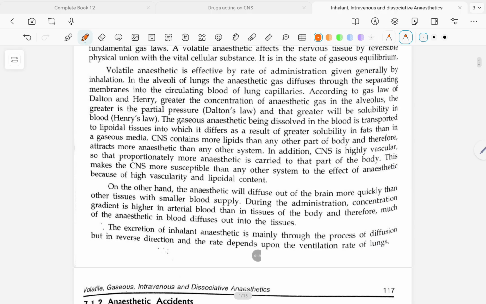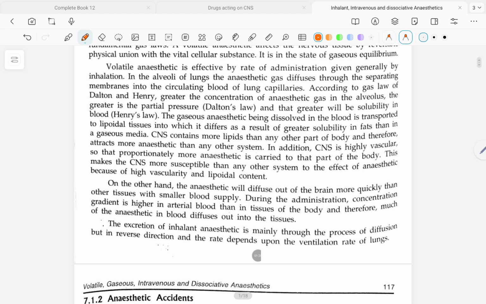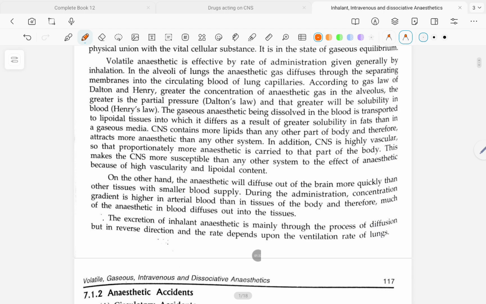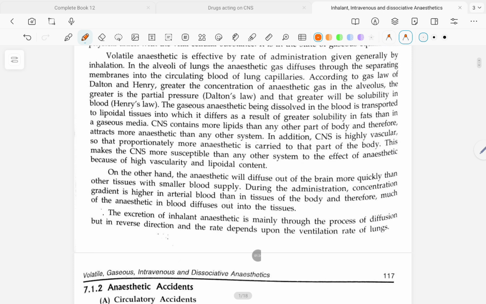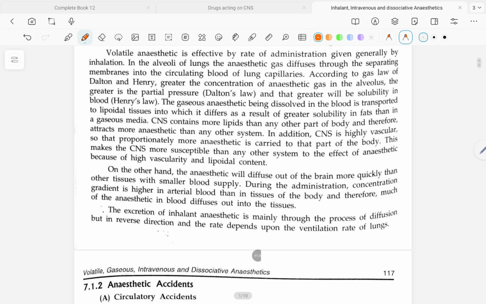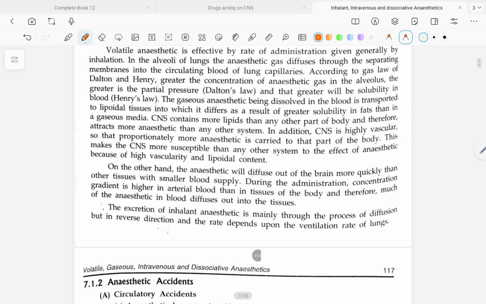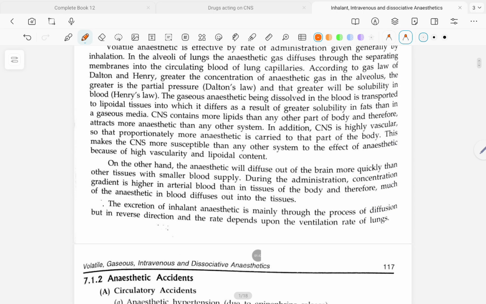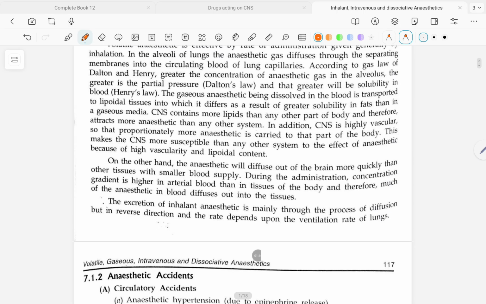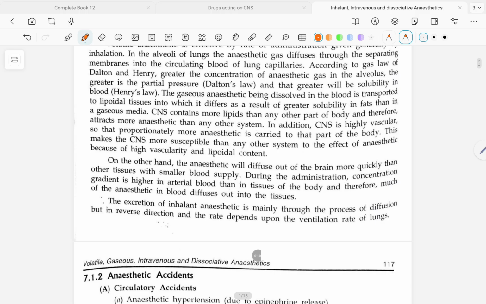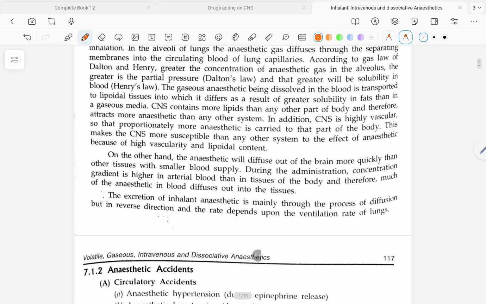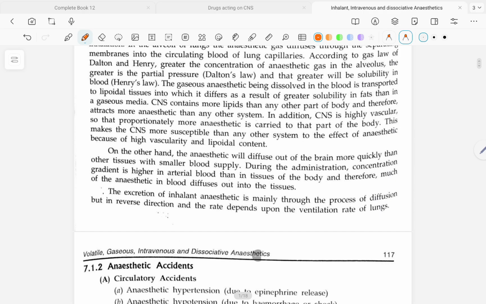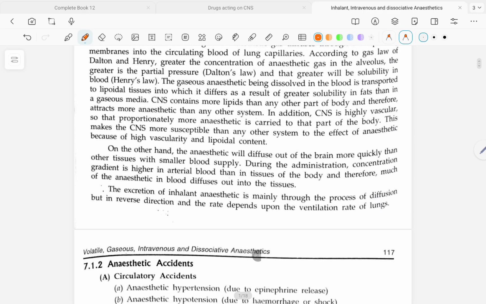In the alveoli of the lungs, the anesthetic gas diffuses through the separating membrane into the circulating blood of the lung capillaries. According to the gas laws of Dalton and Henry, the greater the concentration of anesthetic gas in the alveolus, the greater is the partial pressure (Dalton's law), and the greater will be the solubility in blood (Henry's law).